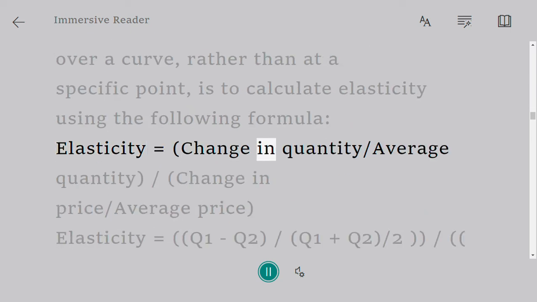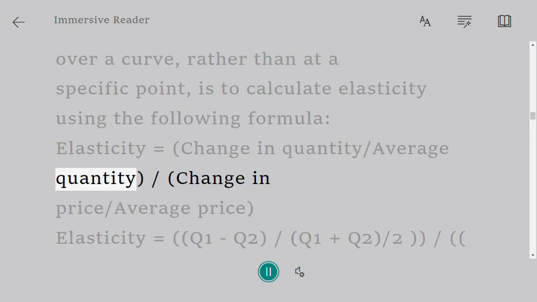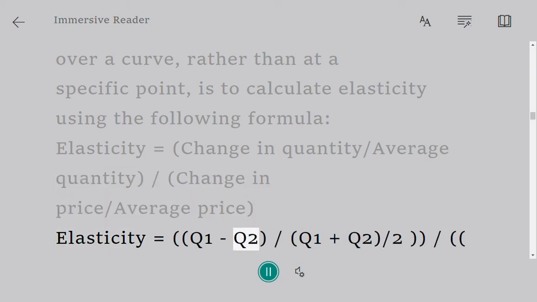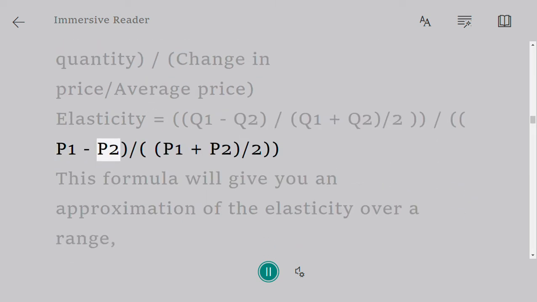Elasticity equals change in quantity / average quantity / change in price / average price. Elasticity equals (Q2 - Q1) / ((Q1 + Q2) / 2) / (P2 - P1) / ((P1 + P2) / 2).